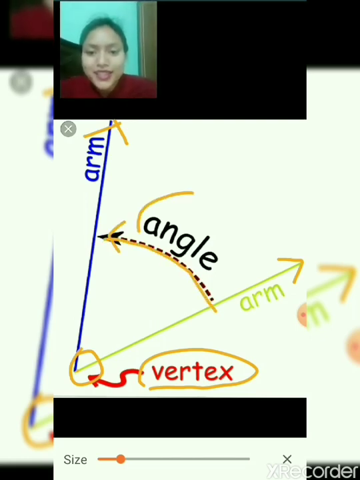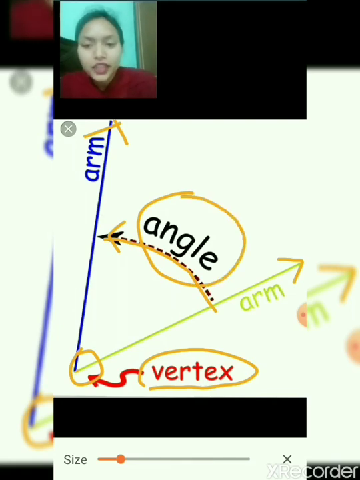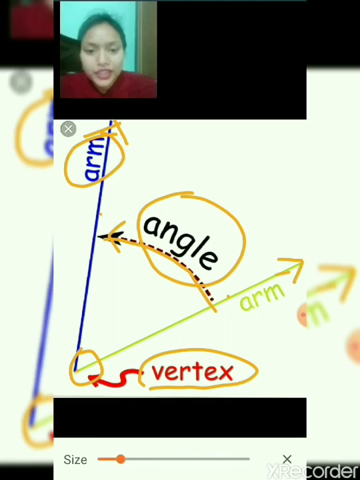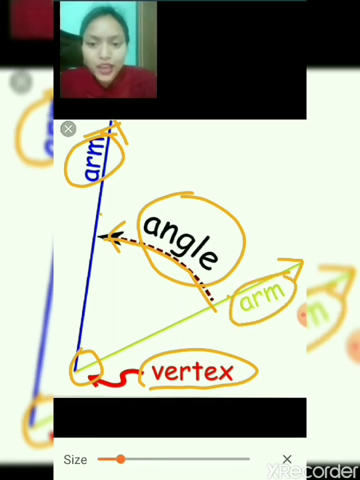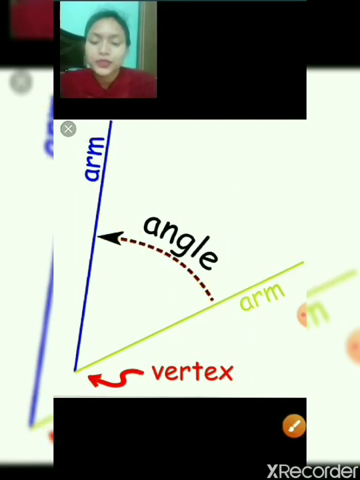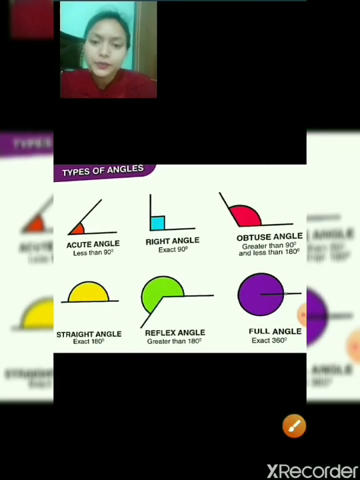This is angle, and these two rays are called arms. So these are called arms of angle. This is angle, and this fixed point where the two rays are meeting is called the vertex of the angle. Is it clear? Okay, now let's move ahead.